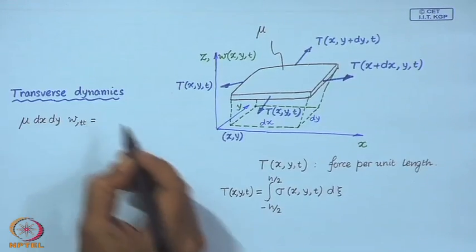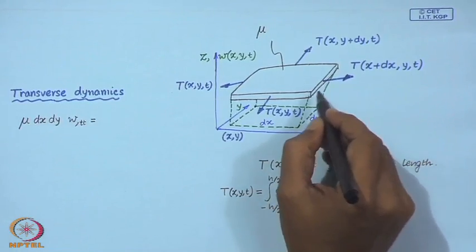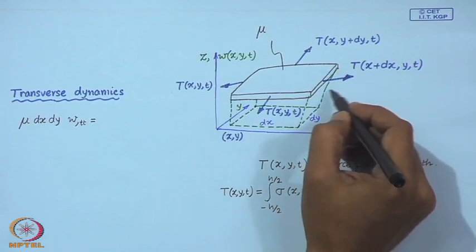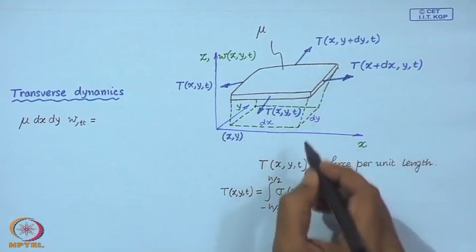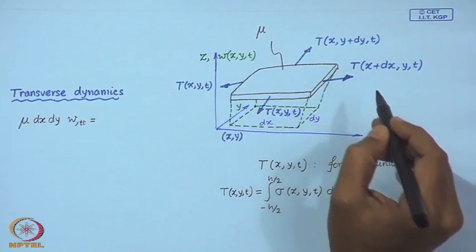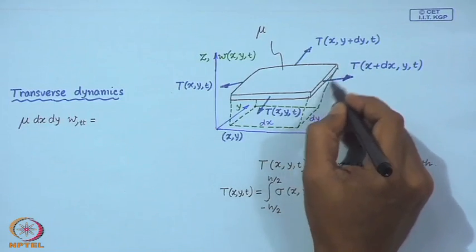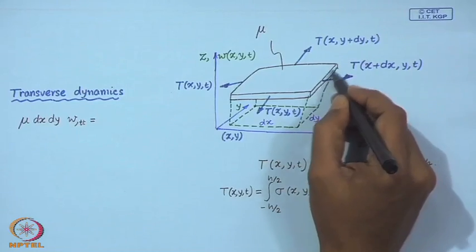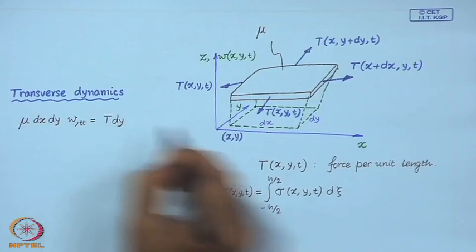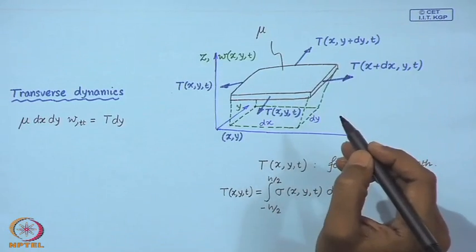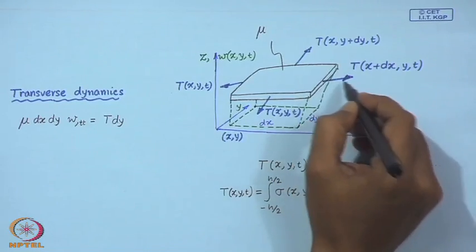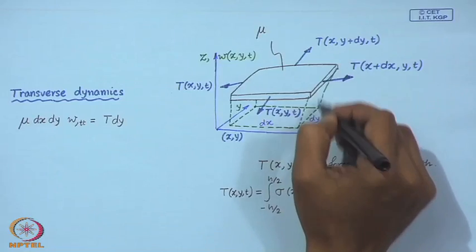So, I can write: this T is the force per unit length of the cut, because it has been integrated over the thickness. For example, the force on this face is T times dy, because the length of this face is dy. But I must take a component which is in the transverse direction.